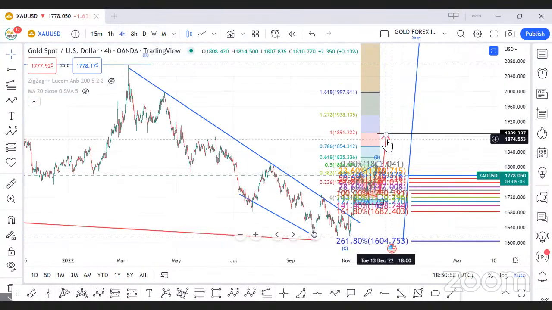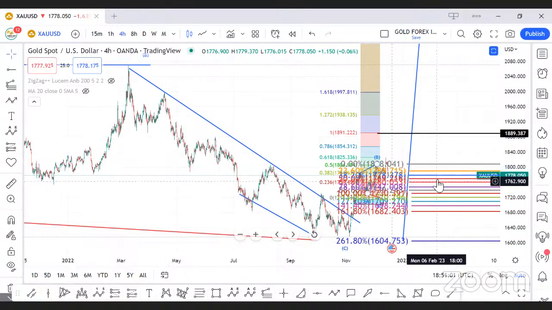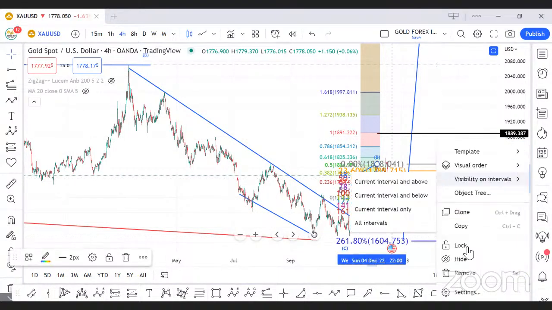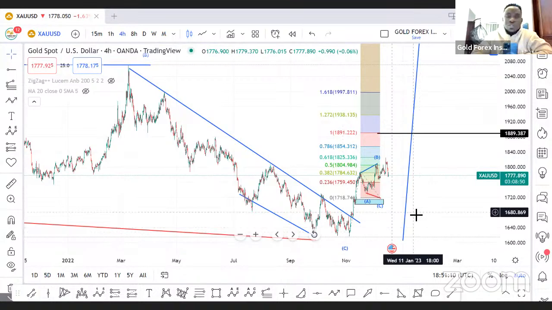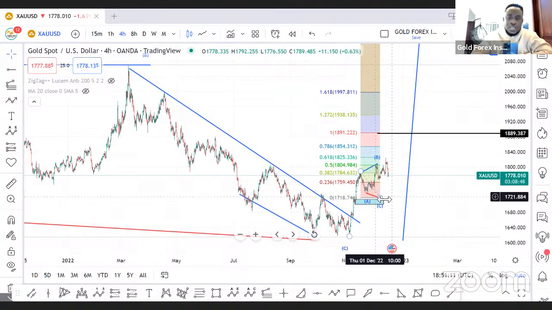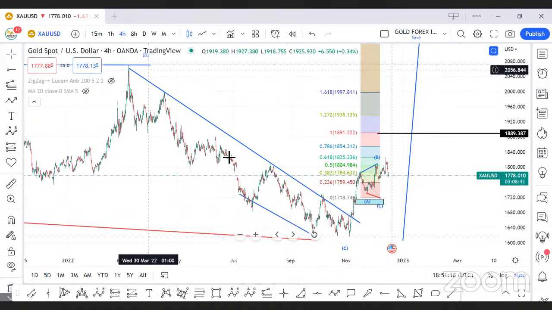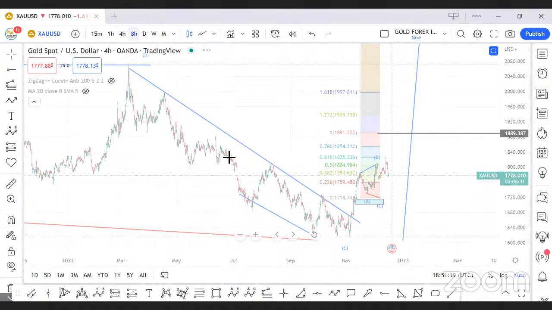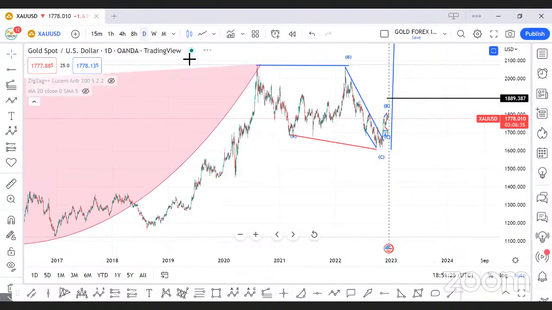We have a diagonal on H4 for gold. Okay, I've seen it. So gold overall is a buy, but this thing has to sell down. So that's why even silver, the sell, I'm expecting it to be just a correction.